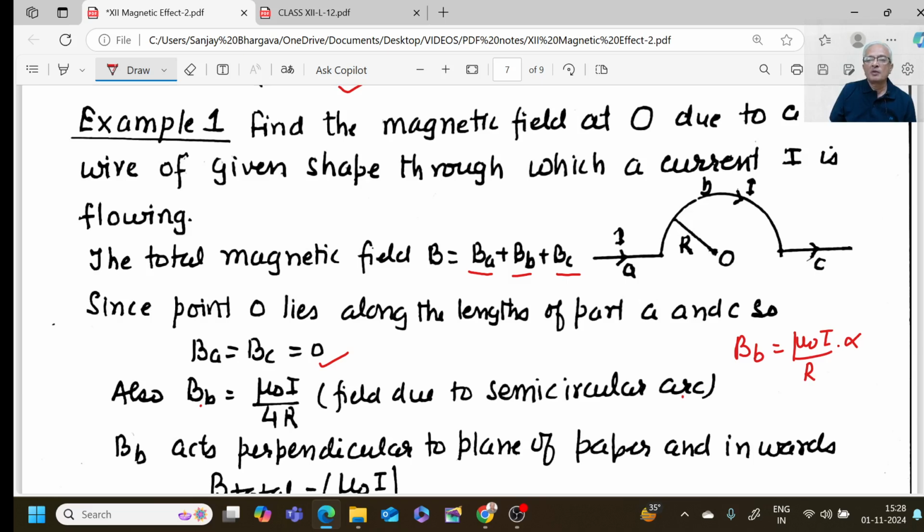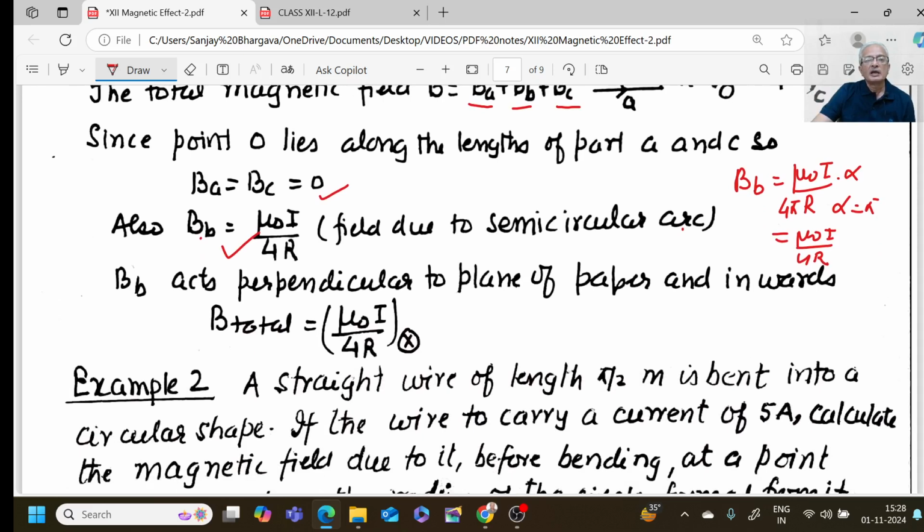So mu 0 upon 4 pi is the constant, I upon R alpha, and put alpha as 180 degrees, which will give you mu 0 I upon 4R. So we are utilizing this. The magnetic field due to part B acts perpendicular to the plane of the paper and inwards, so we mark the direction by a cross.